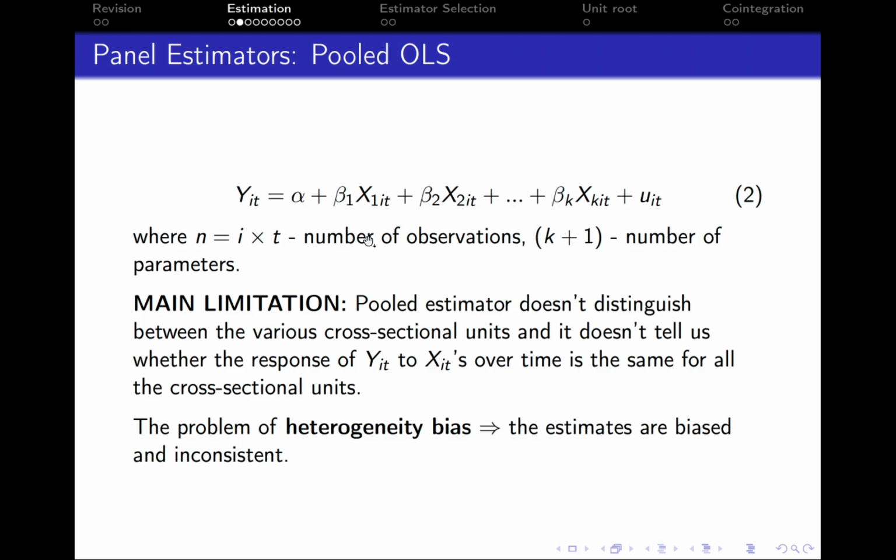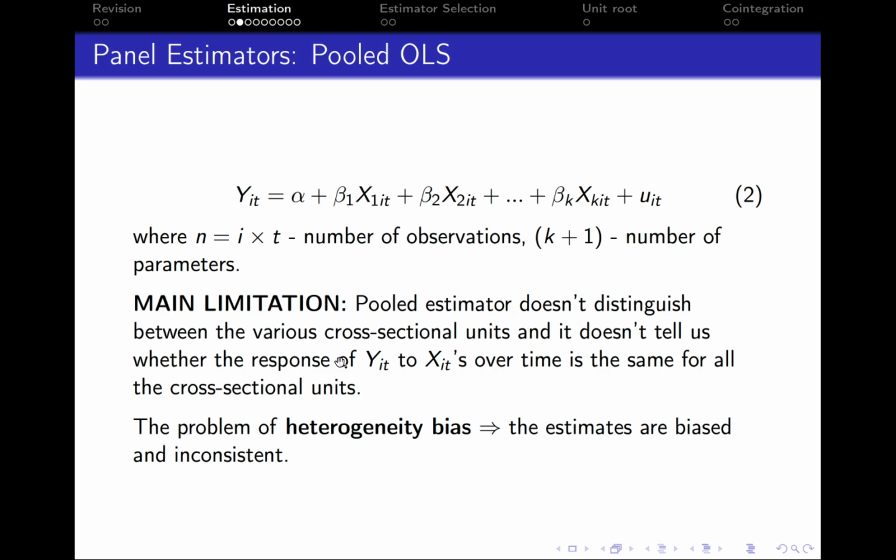From this equation, you can also get that the intercept together with the slope coefficients, they are homogeneous. In a sense, they are the same across cross-sectional units and time periods. And this is actually the main limitation of the pooled OLS estimator, because this estimator does not distinguish between the various cross-sectional units like various countries, and it doesn't tell us whether the response of y to x is the same for all the cross-sectional units.